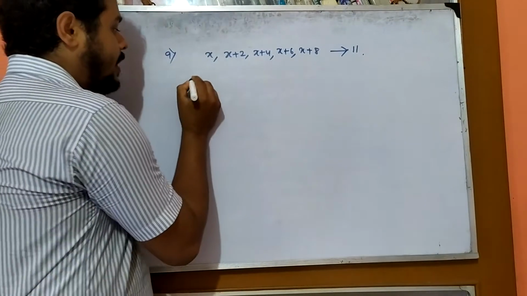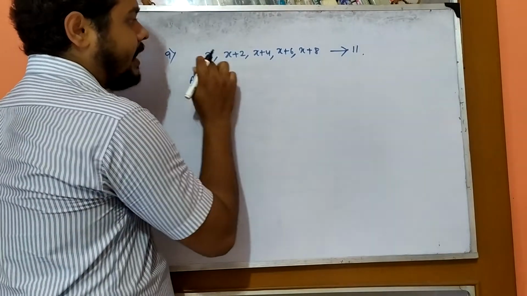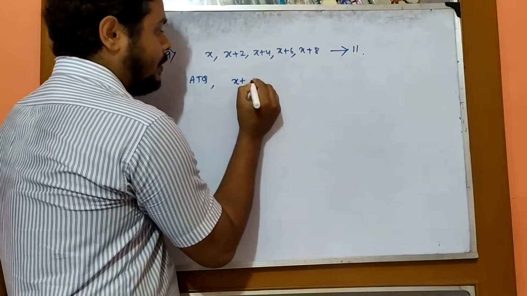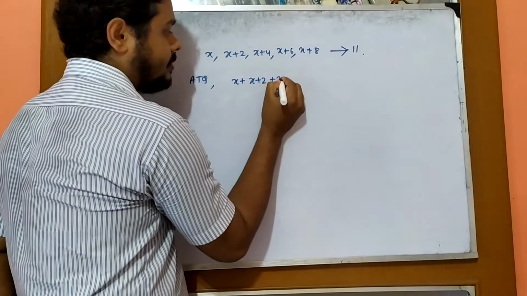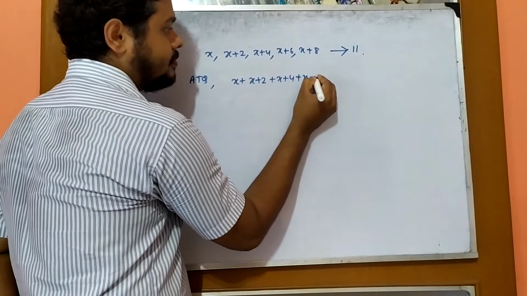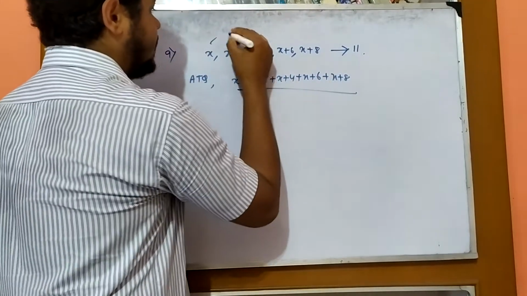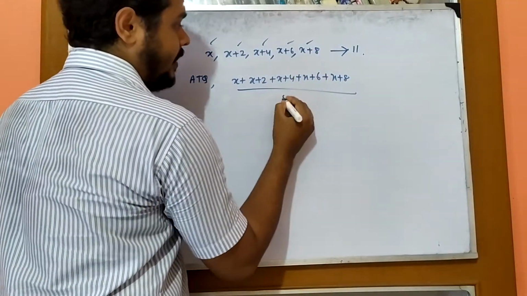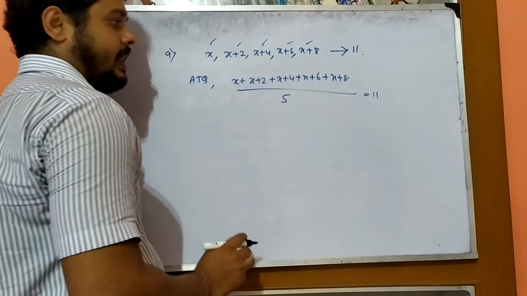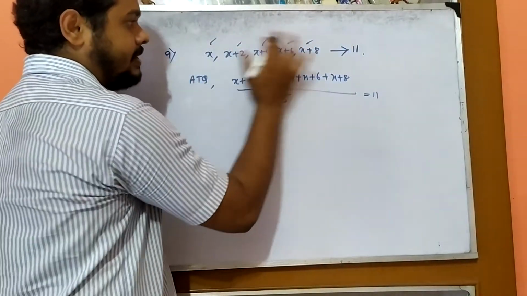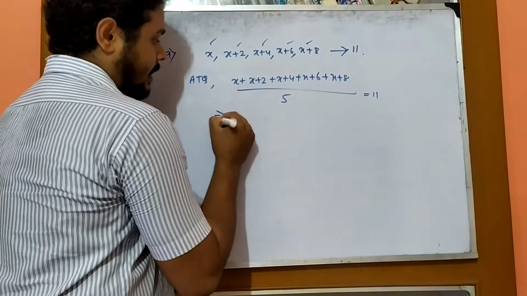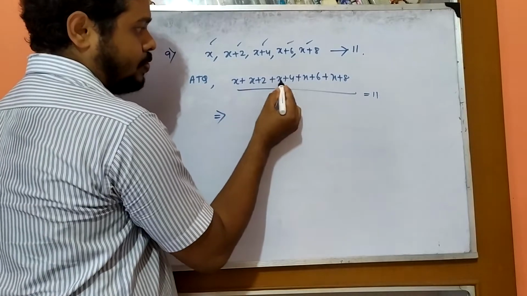Now, according to the question, the average of all these numbers, so we can write, how many numbers are there? 1, 2, 3, 4, 5. So divided by 5 equals 11. Now how many x's are there? 1, 2, 3, 4, 5.